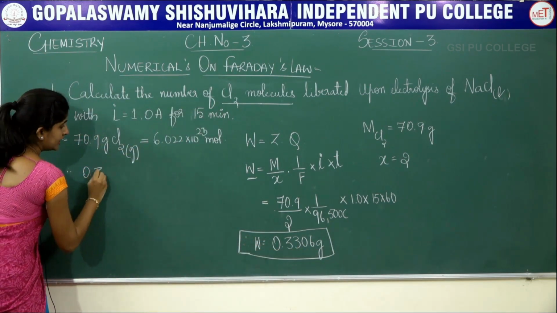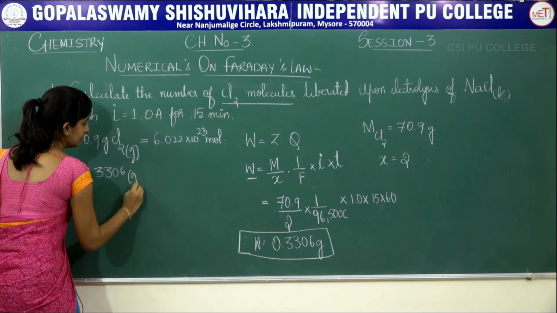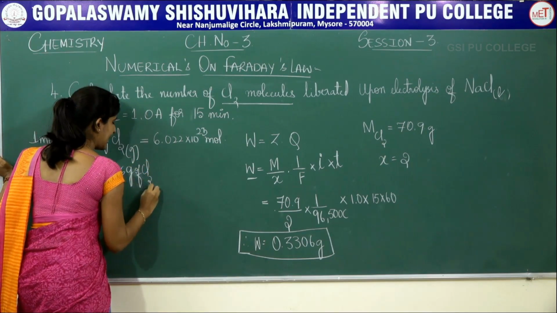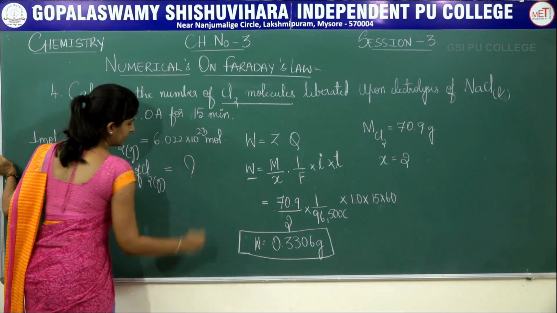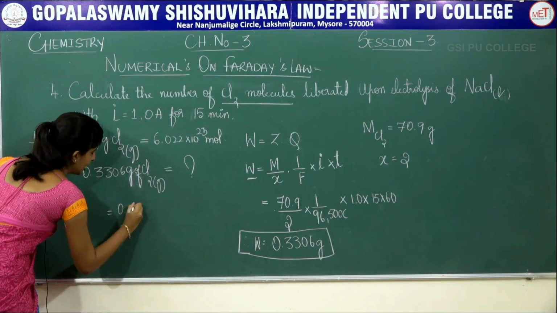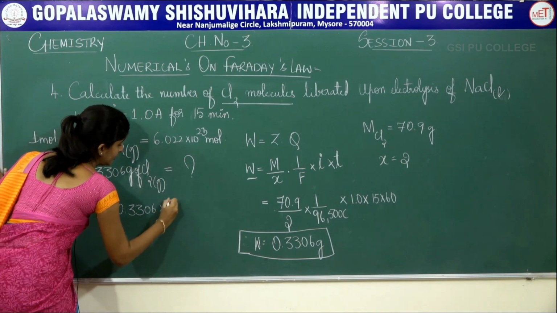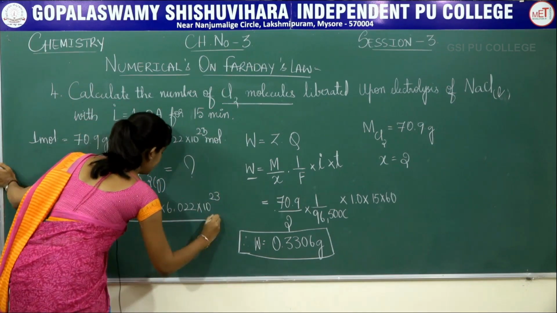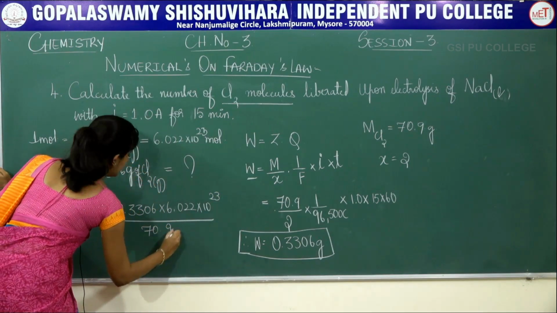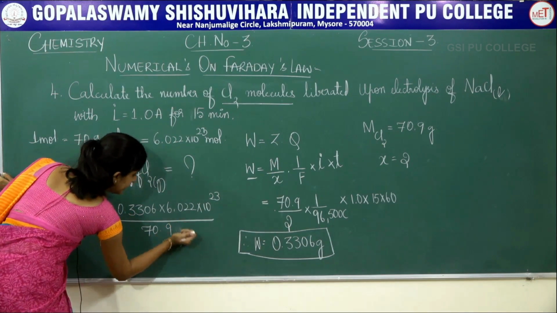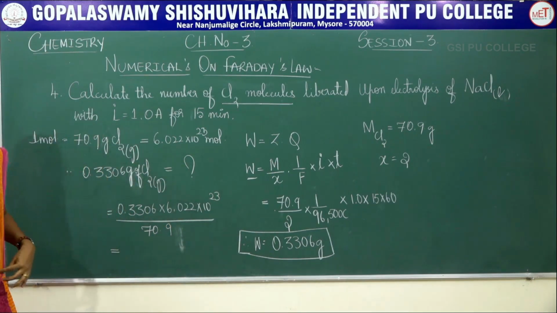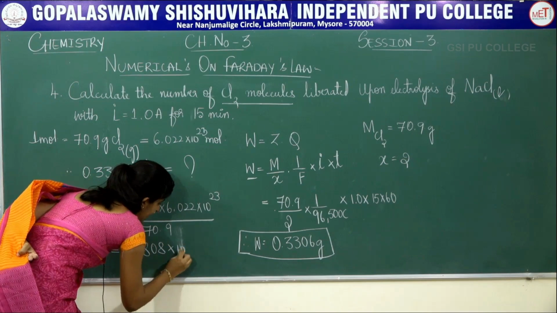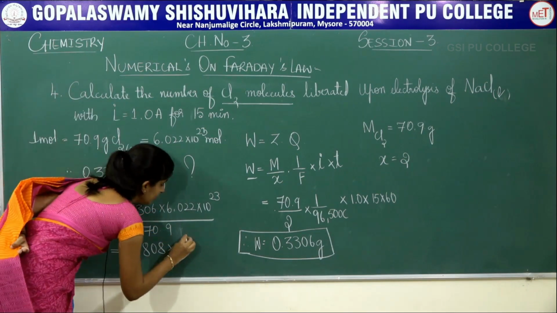So, therefore, 0.3306 grams of chlorine gas has how many molecules? That is equal to 0.3306 into 6.022 into 10 to the power of 23 divided by 70.9, that is equal to 2.808 into 10 to the power of 21 molecules.